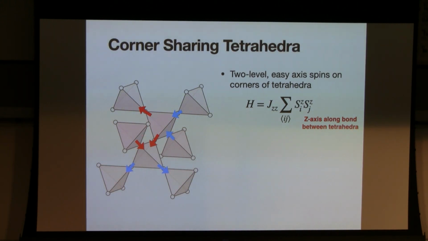And the classical spin ice Hamiltonian is very simple. It is just a sum over nearest neighbors, that is all these bonds on these tetrahedra, of S^z S^z. It's an Ising model. Now, I will caution you that the z here is a local z, of which there are 4. It's a convention to call that z. You have to do a little bookkeeping to keep track of it. It's not a big deal.